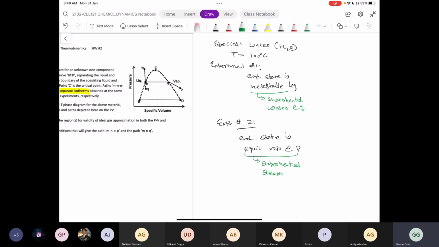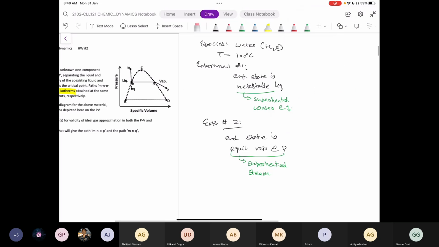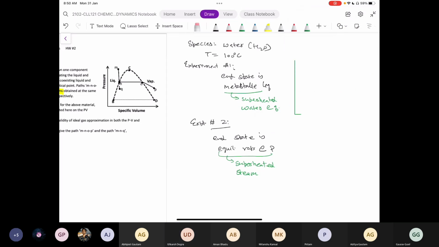So if I look at, let's say, a simple free energy diagram as a function of some reaction coordinate, this reaction coordinate is capturing change in state. For any nucleation event, at the simplest level, this is how it will look.